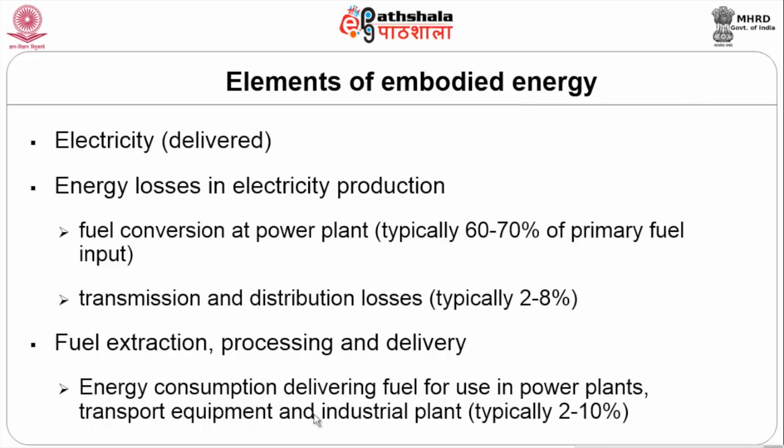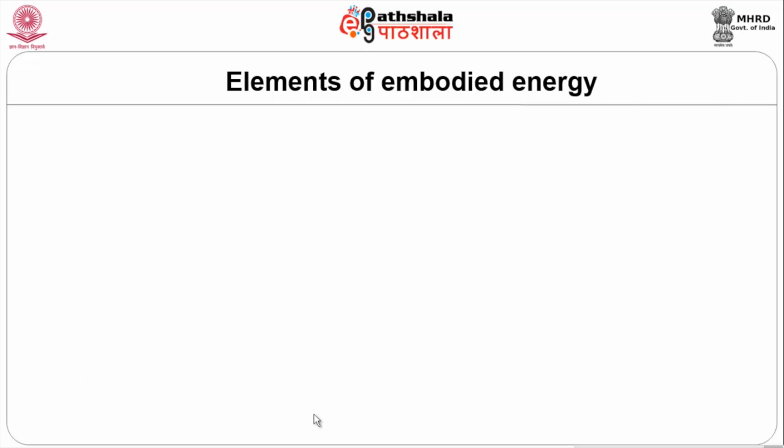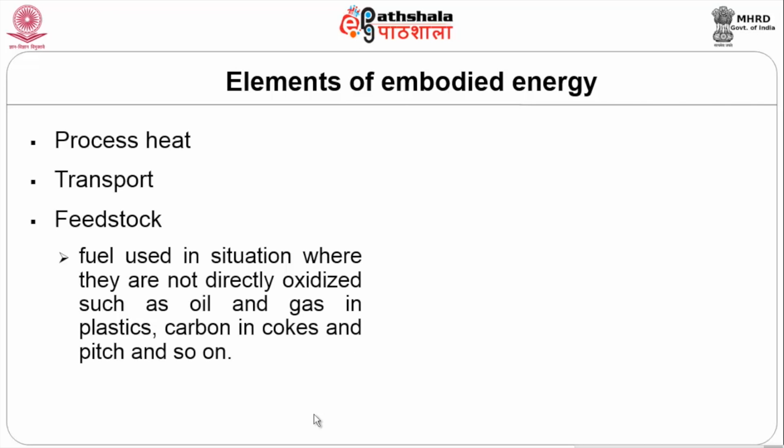Fuel extraction processes and the delivery of these materials, which can be consumed in use in power plants, transport, equipment and industrial plants. Processing the heat, transporting the materials and fuel used in situations which are not directly oxidized, such as oil and gases in plastic containers or carbon in cokes and so on.